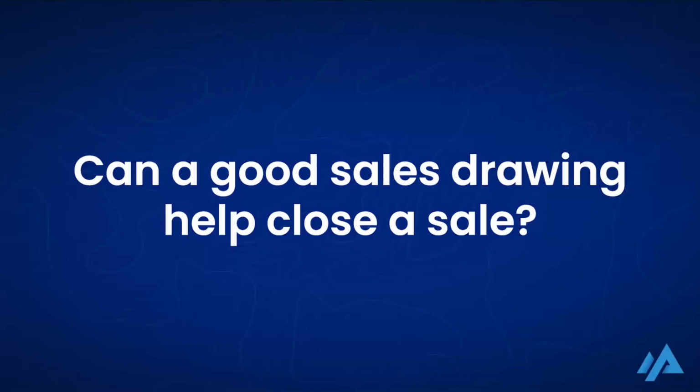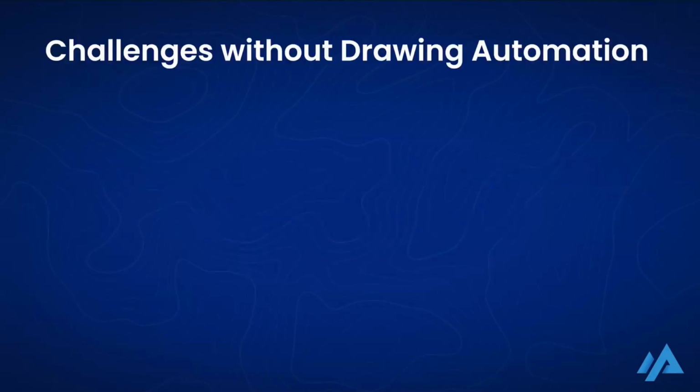Yeah, good stuff. And I don't want to focus only on sales either, because the challenges and the benefits go beyond sales. So there are really 5 challenges that we see most often with respect to lacking drawing automation.